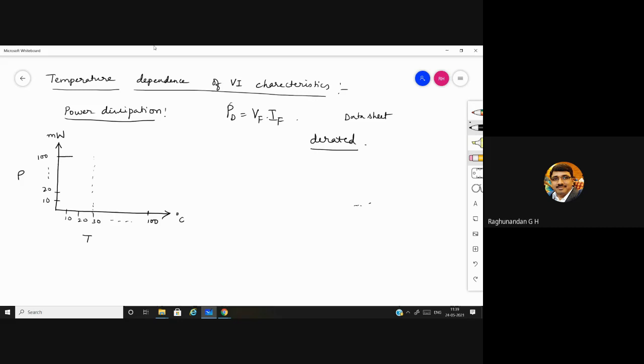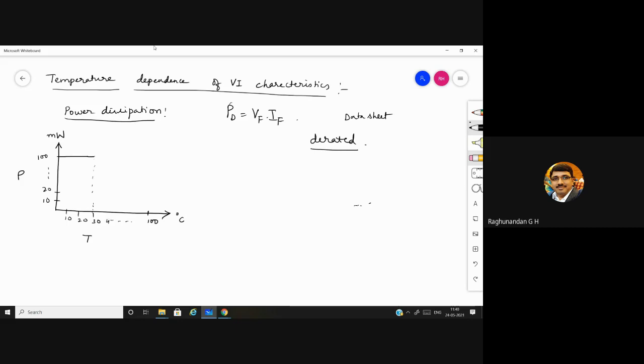Under room temperature, that means if your diode temperature is till around 30 degrees, you can see that maximum power is dissipated. But when you keep on increasing the voltage, heat dissipation will start, which means the temperature is increasing.